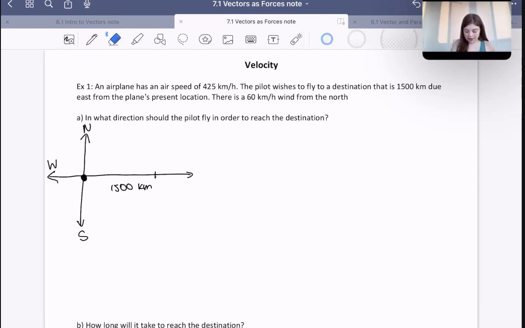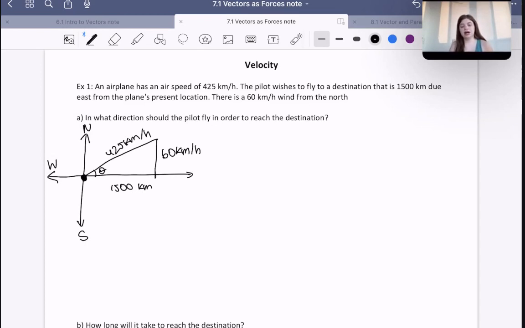So what we have to actually do is aim our plane a certain angle this way, so that when we go 425 kilometers this way, plus the wind, which is 60 kilometers an hour, that gets us 1,500 kilometers due east exactly, right? So that's what we'd like to figure out.